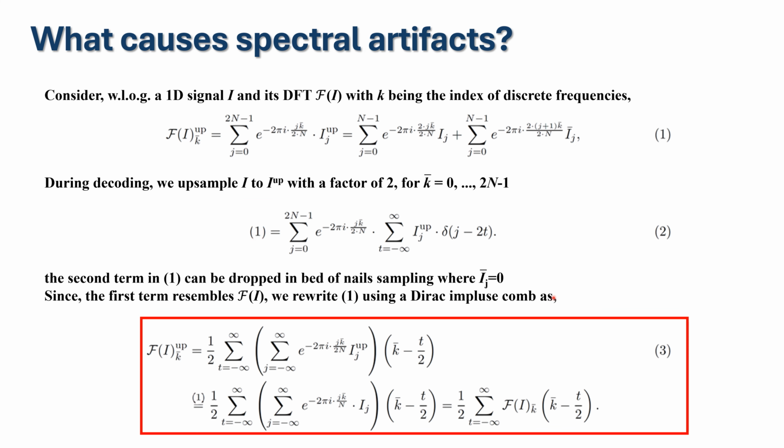In bed of nails sampling, I bar j is equal to 0 and thus the second term in equation 1 can simply be dropped. Now the first term resembles F of I and thus we can rewrite equation 1 using a Dirac impulse comb as the following.